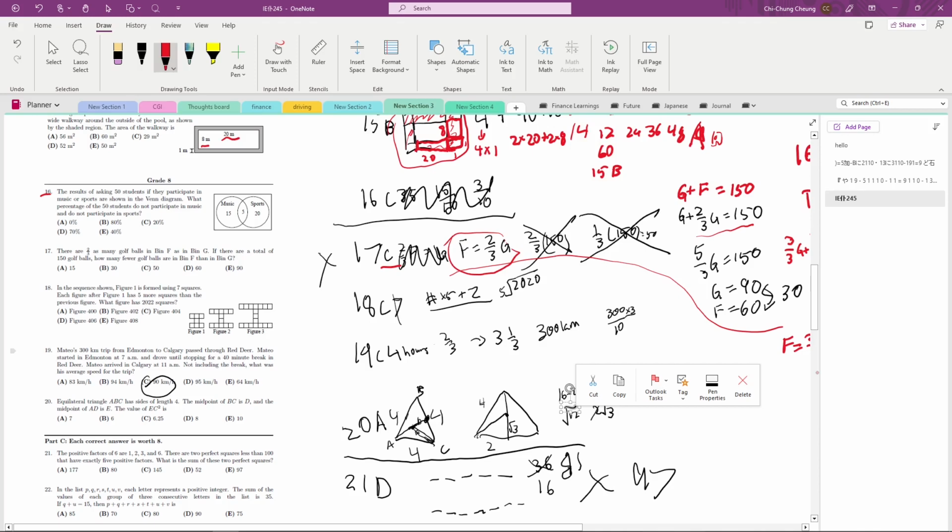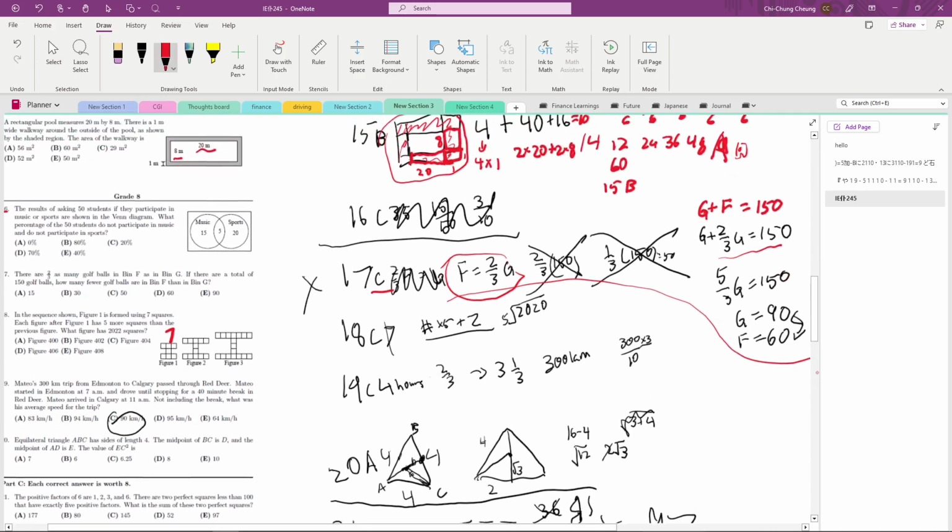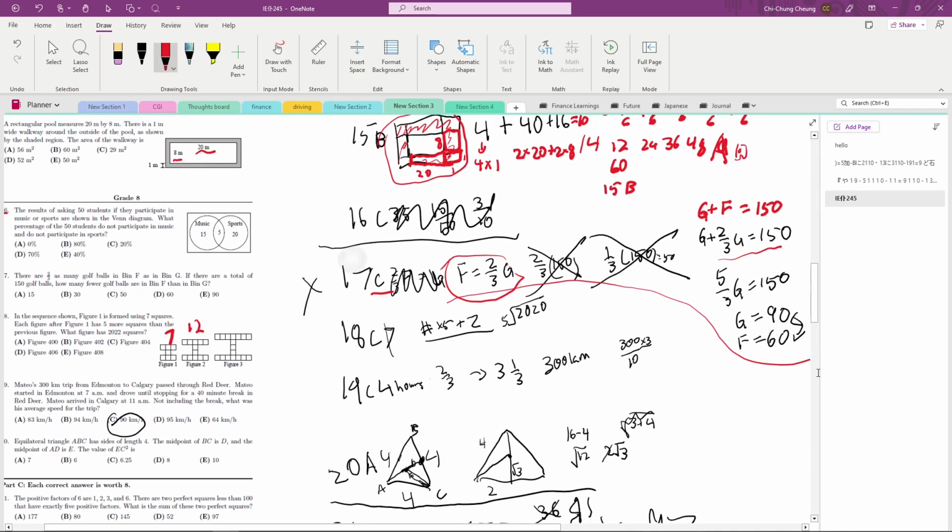I'll just use the same equation. So in the first figure, there are 7 squares. The next one will be 5 more squares, so 12, and then 5 more 17, and so on, right?